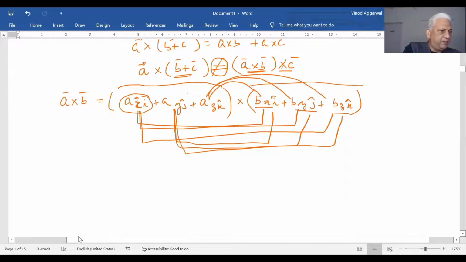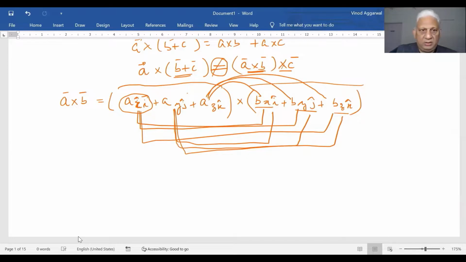Now when we evaluate everything, this boils down to: ay bz minus az by, this is the i component.